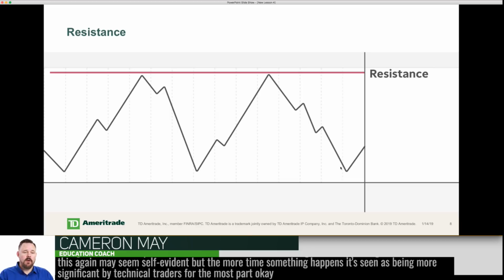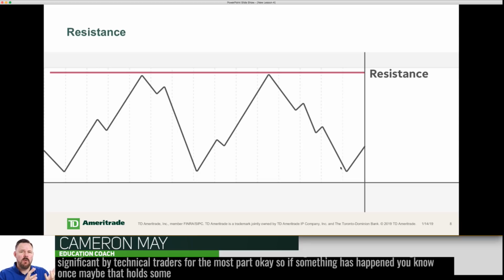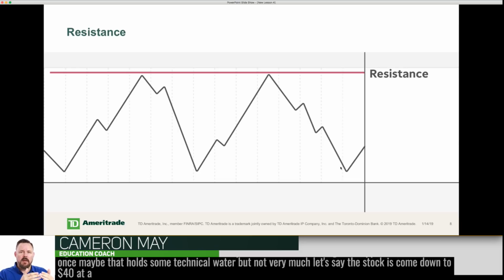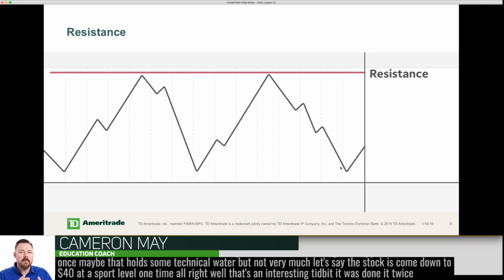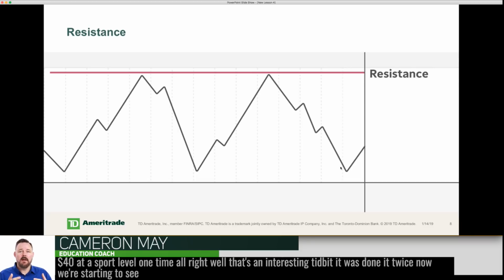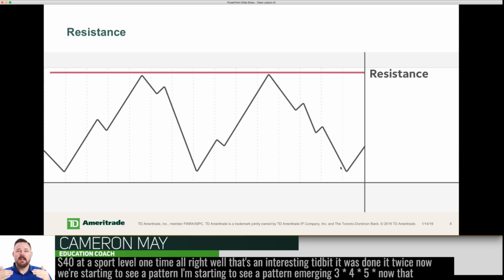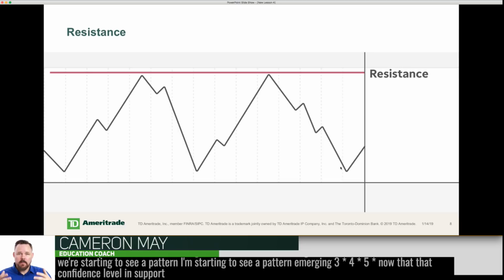Okay. So if something has happened once, maybe that holds some technical water, but not very much. Let's say the stock has come down to $40 at a support level one time. All right, well, that's an interesting tidbit. If it's done it twice, okay, now we're starting to see a pattern emerge. 3 times, 4 times, 5 times. Now that confidence level in support could conceptually rise.